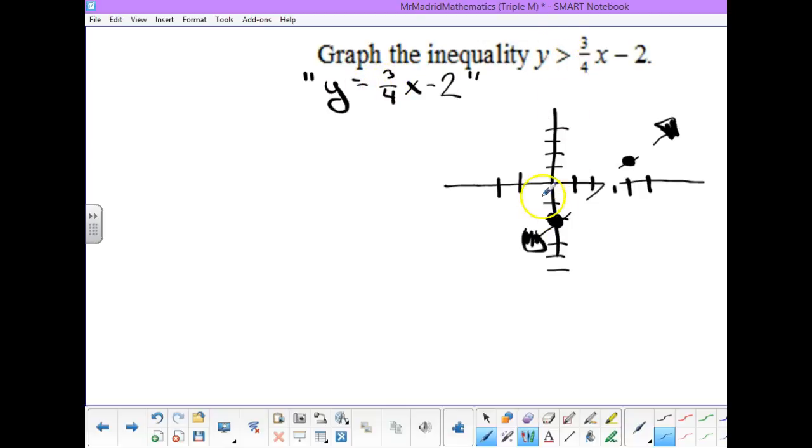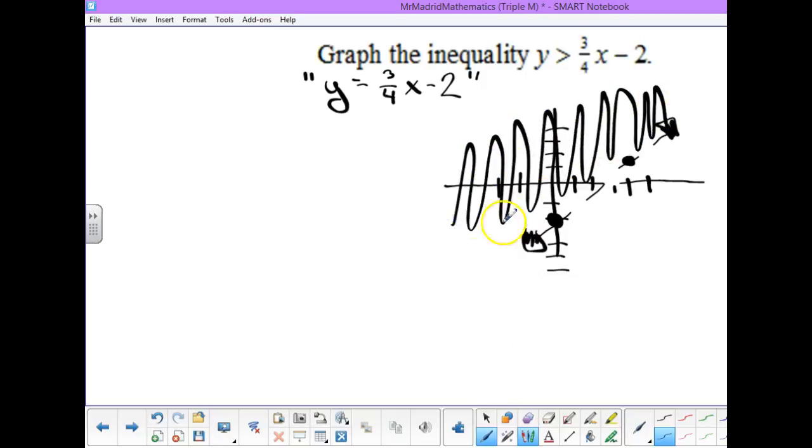But this inequality, what it means is it's the area above or below. In this case, it's all the y values above this expression. So simply I'll shade above. So my solution, people, is all the points in this area, but not the points on the line like these two guys.